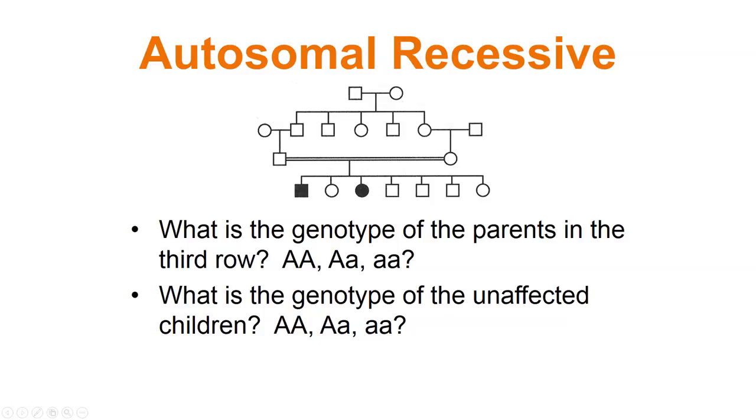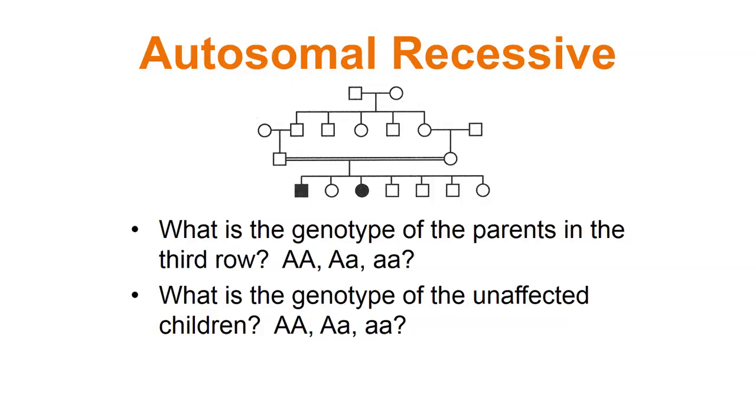So anytime you see the double bars in a pedigree, almost without exception, that's a clue that they're talking about autosomal recessive. Okay, and we're going to talk about later on why that is, but unless you have a compelling reason to think it's something else, when you see the double bars, the first thing that should pop into your mind is we're looking at an autosomal recessive pedigree.